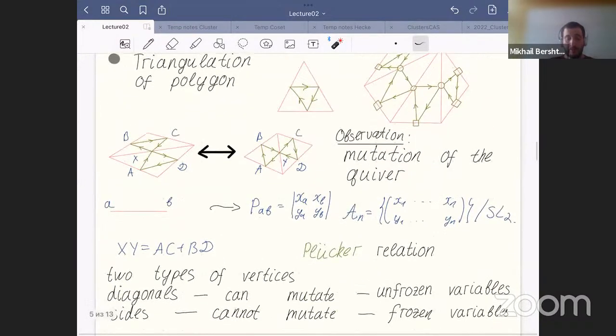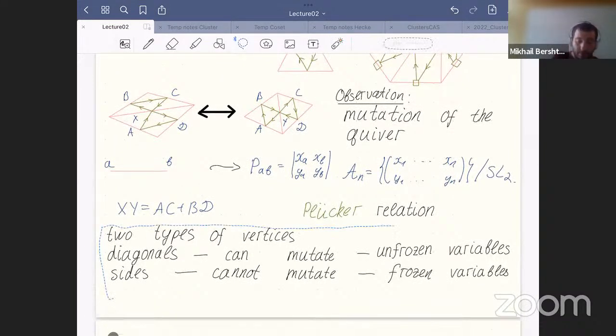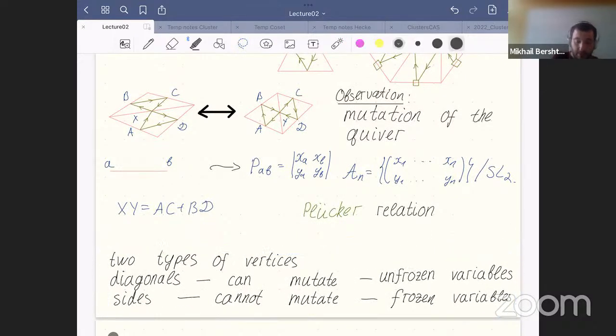Okay, let's look a bit more at this example. Let me move it a bit down because I have space, and this is actually a new topic. In the construction above, looking more carefully, we actually have two types of vertices. We mutate only at diagonals.